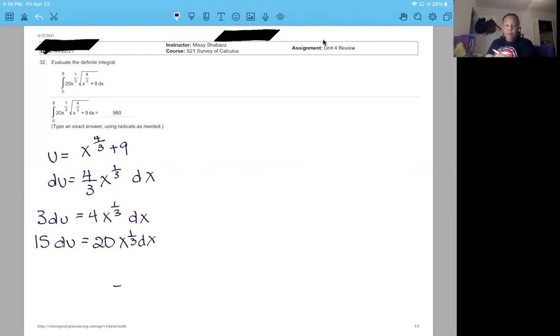All right, and remember that these limits of integration are limits of integration for x, not u. So what I'm going to do is I'm going to write it as x equals 0, x equals 8. I have a 15 here on the outside and u to the 1/2 du. So let's go ahead and integrate, and I get u to the 3/2.